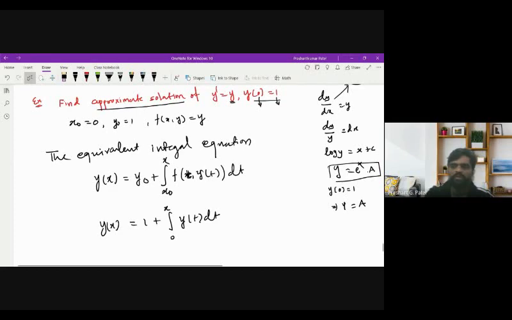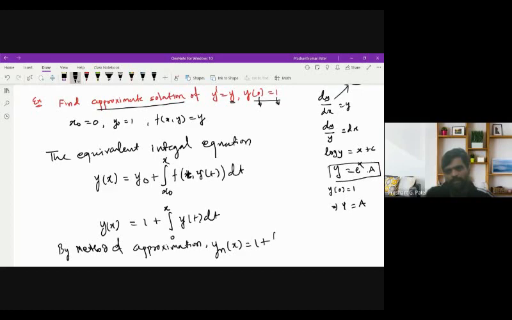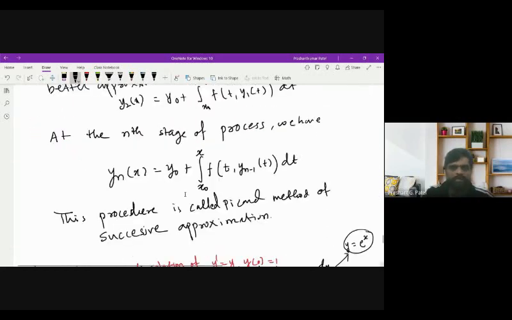Now, by the method of successive approximation, yn of x will be 1 plus integration from 0 to x of yn minus 1 of t dt, which we have got from the last successive approximation formula.